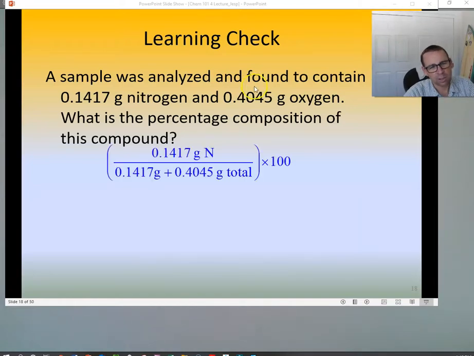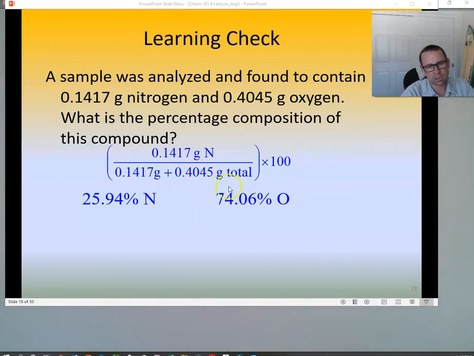That's right. So we just take the 0.1417 for the nitrogen and divide that by the total and times 100. And then could do the same thing. We could take the 0.4045 divided by the total times 100, and that would give us the percent of oxygen. Okay, very good.